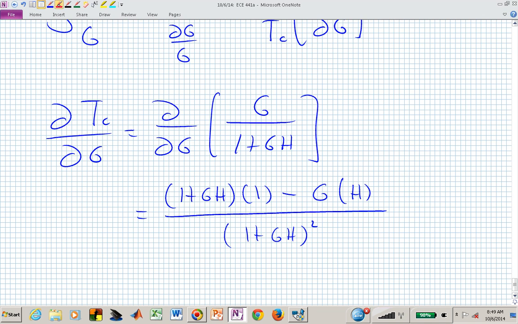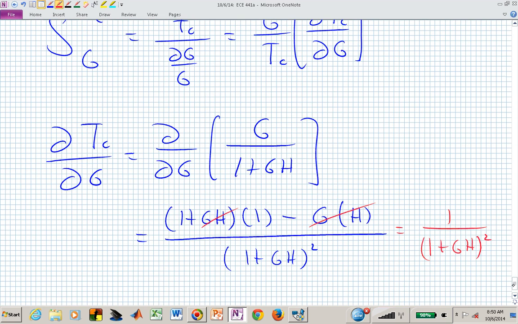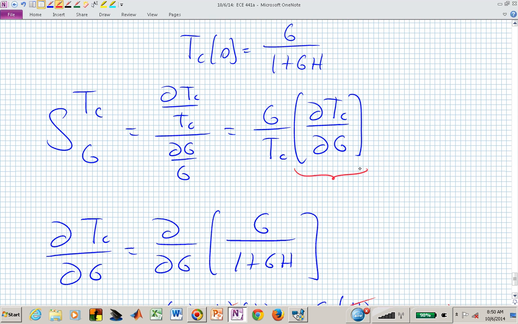Well, if we look at this, the GH gets canceled by that GH, and we're left with 1 over 1 plus GH quantity squared. But that's this piece right here in square brackets. We now need to scale that by G over T sub C to obtain the sensitivity.